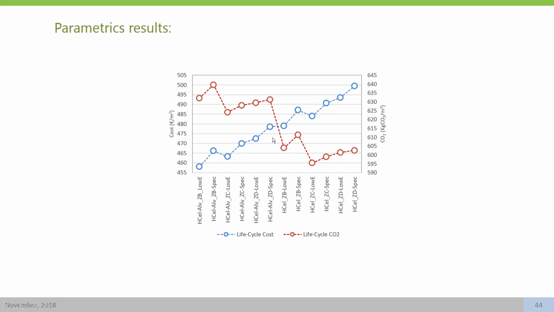We have this group that is only cellular concrete constructions. So the solution pointed out by the blue arrow has the lowest carbon and an affordable cost. Together with the owners, we finally selected this solution for the project.